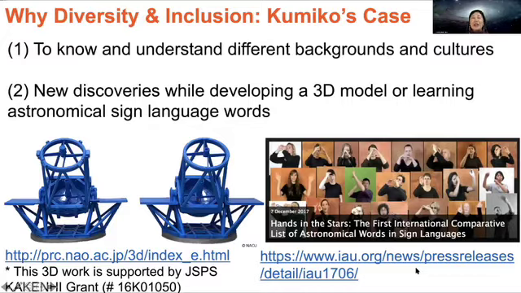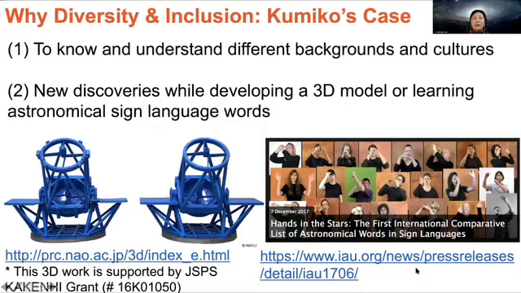I feel that presenting astronomy for the local children in English is similar to communicating astronomy with visually impaired people, in the sense of knowing different backgrounds and cultures. By considering people with special needs or different cultures and backgrounds, we can develop easy to understand presentations and teaching resources for everyone.